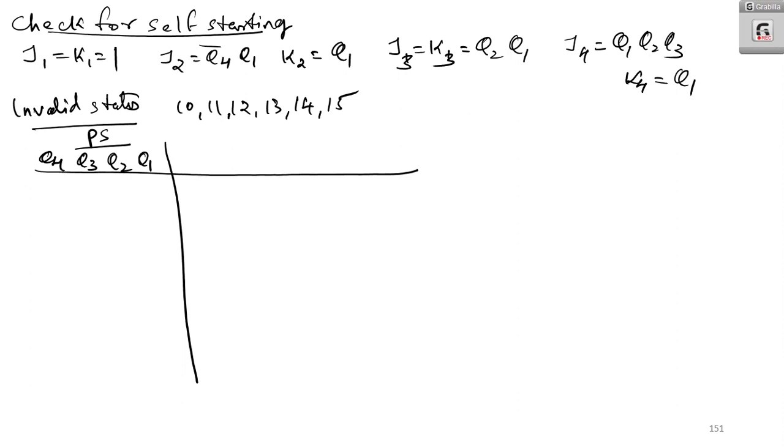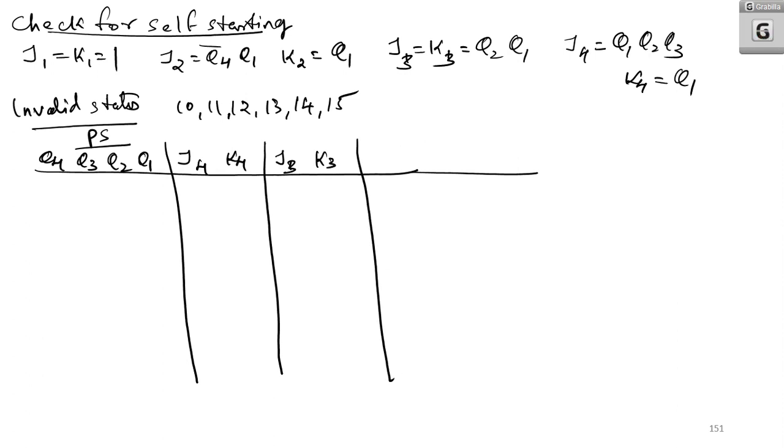Then the equivalent J4 K4, then J3 K3, then J2 K2, then J1 K1.